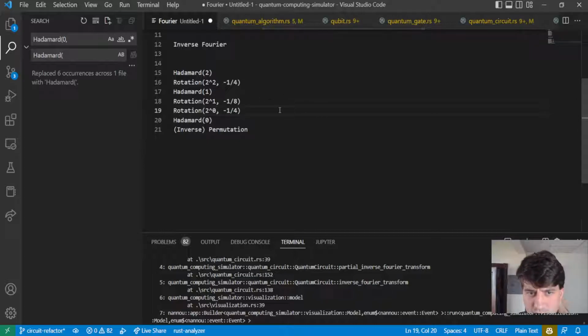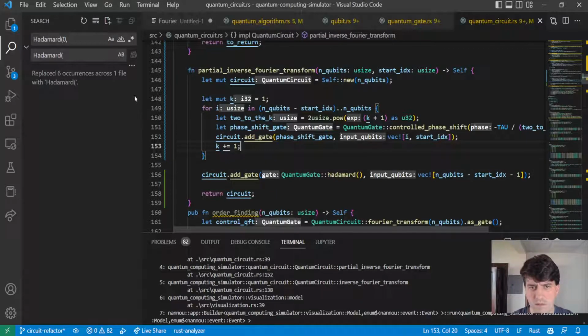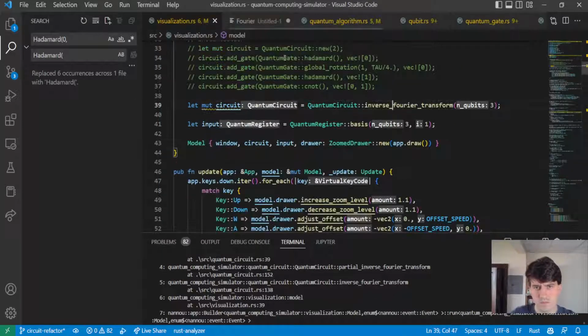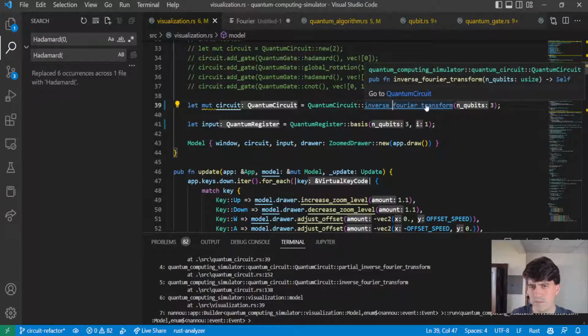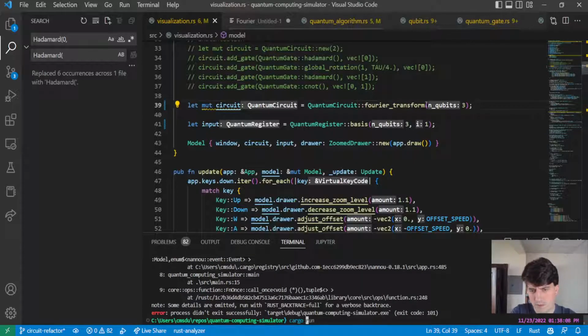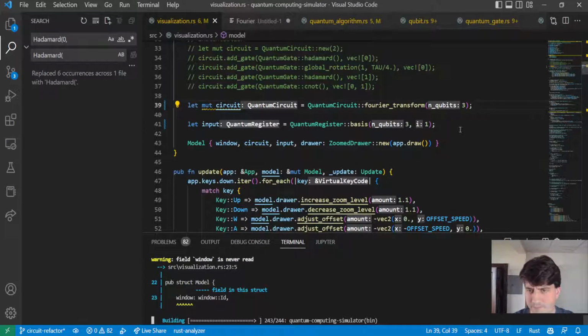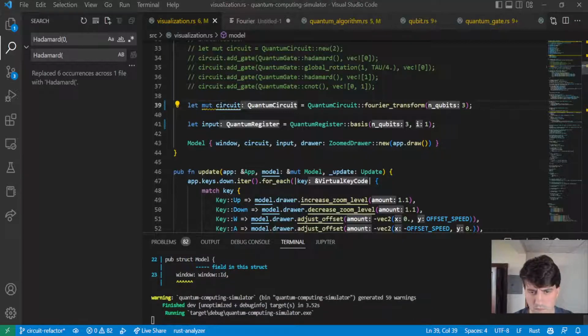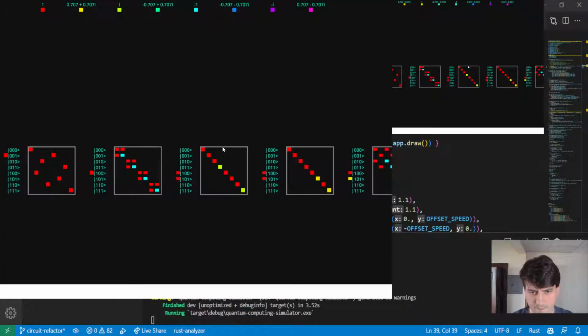Are the rotations, but it's a controlled rotation. Is it 2, 1, 0? Go back to the Fourier transform. This looks like 2.